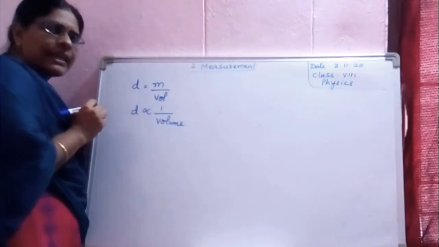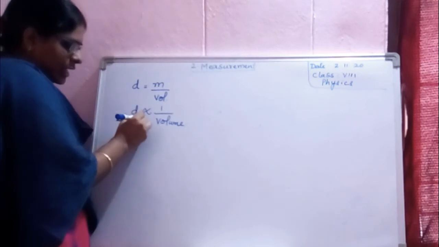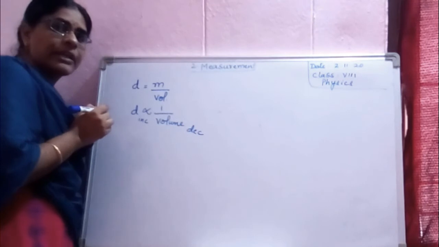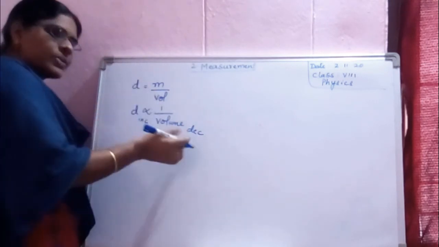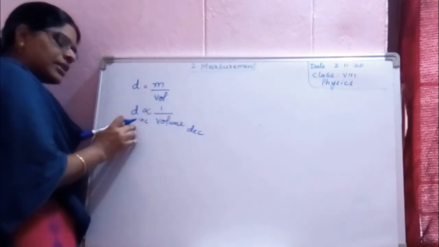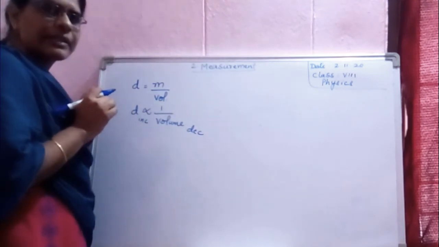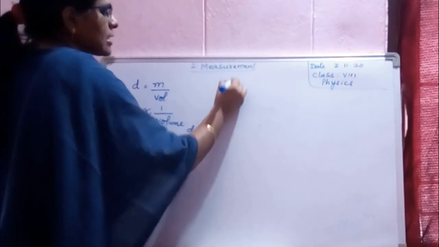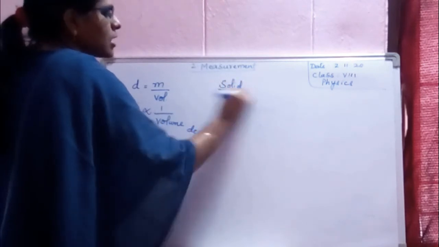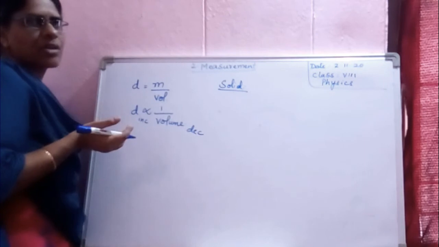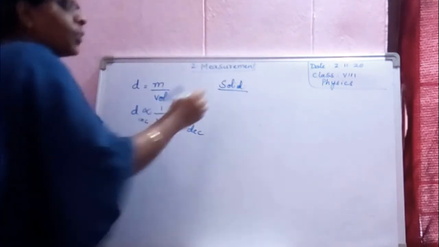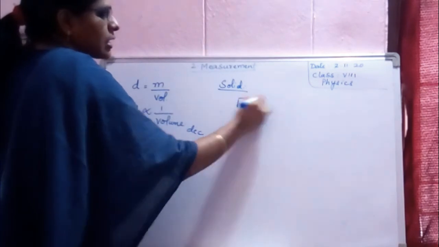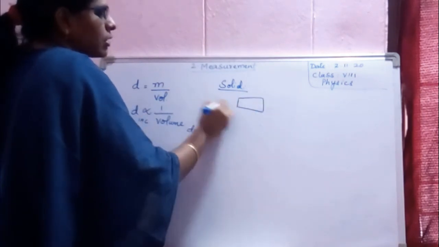What does it indicate? If density increases, volume must decrease, or vice versa. If volume increases, density must decrease. Now let us take a solid example. A solid is one state of matter. When a solid is heated, let us take an iron rod.